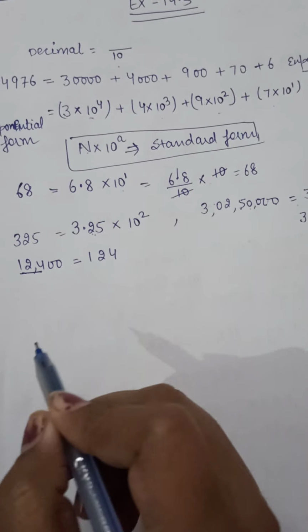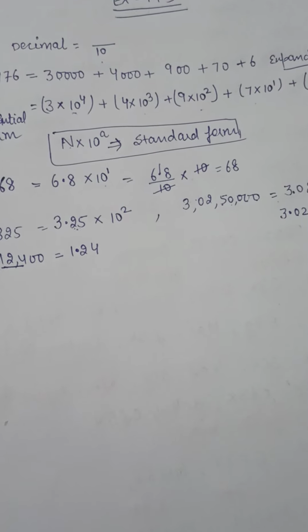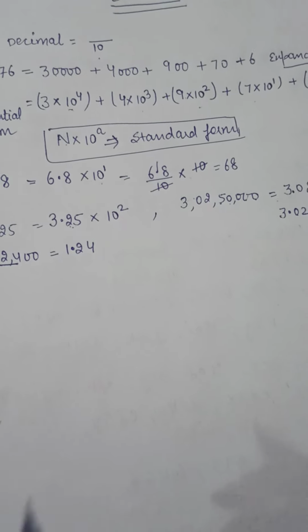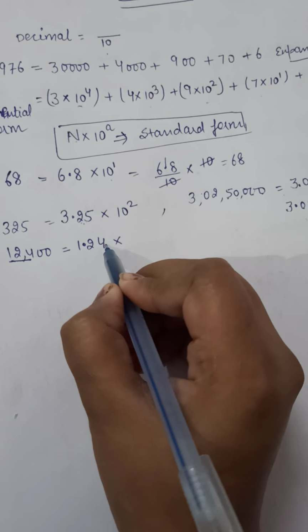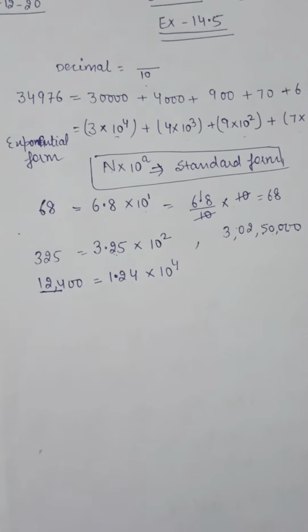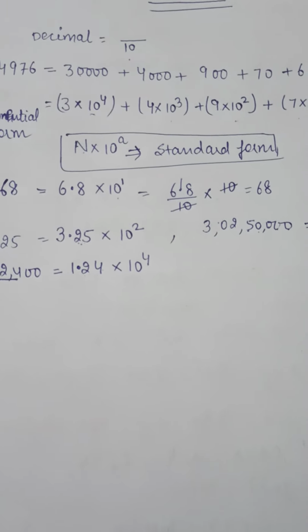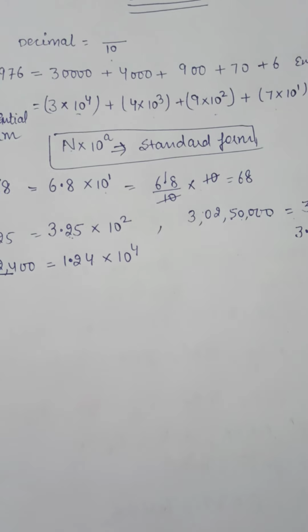I have to keep just one number before the decimal. So I will put the decimal here. 1.24 multiply. 2 digits are there, and 2 zeros. So 2 plus 2, 4. So the standard form of this number is 1.24 multiply with 10 to the power 4.